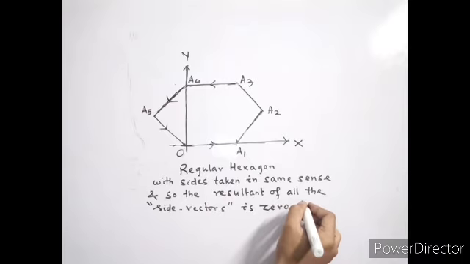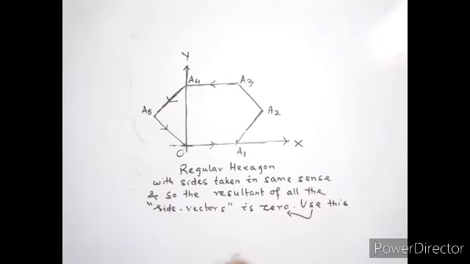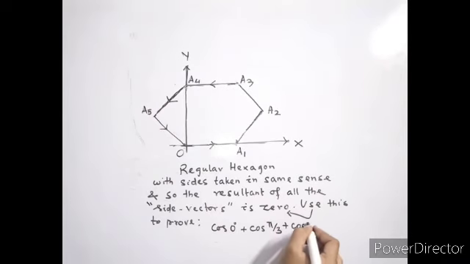Now as the resultant is 0, we use this data to prove that cos 0 plus cos pi by 3 plus cos 2 pi by 3 plus cos 3 pi by 3, that is pi, plus cos 4 pi by 3 plus cos 5 pi by 3 equals 0.